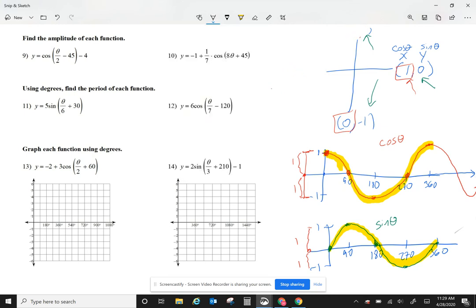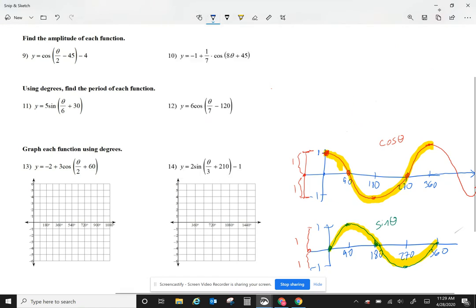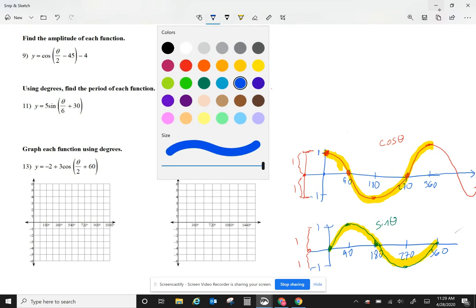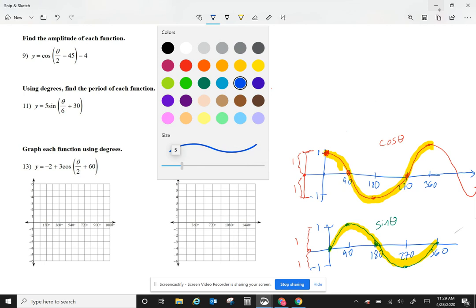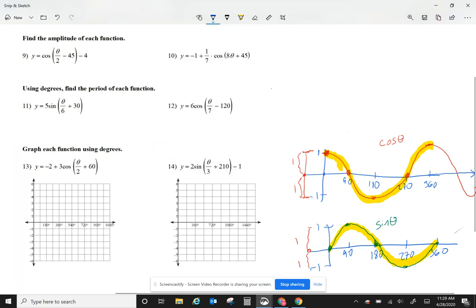Let me erase this on the top. There's something I'm going to mention. I'm going to give you guys equations. I want you guys to know the equations of the graphs. I want you guys to be able to identify the graph. I can give you something like y equals, and let me just call this a.